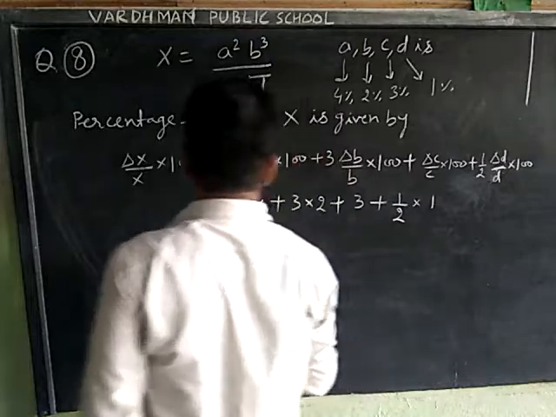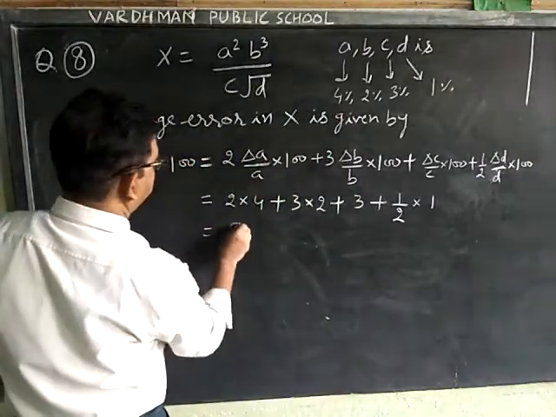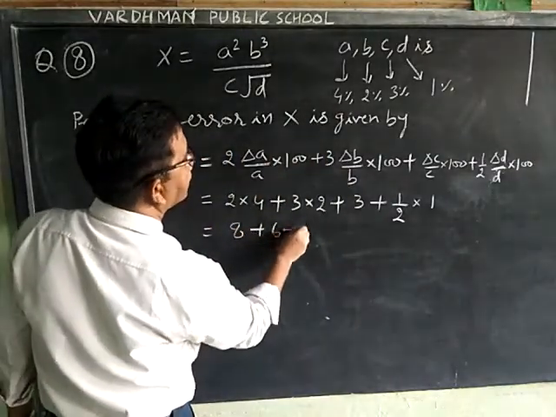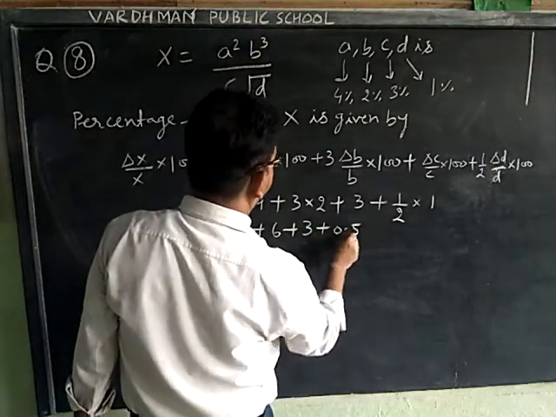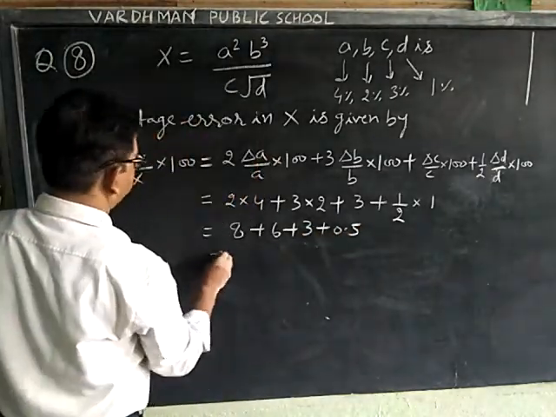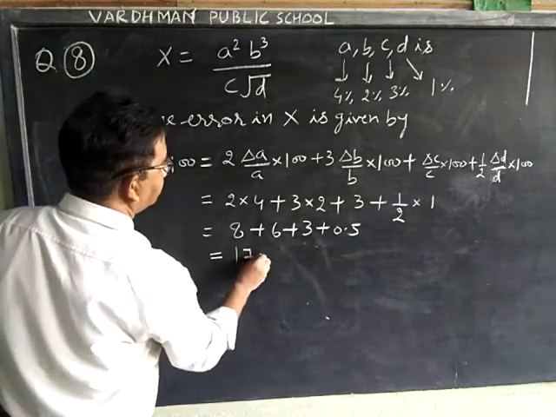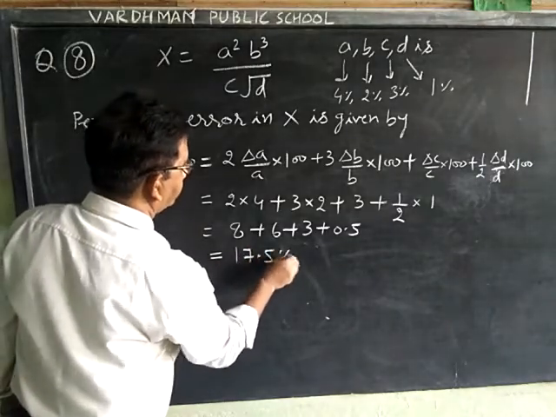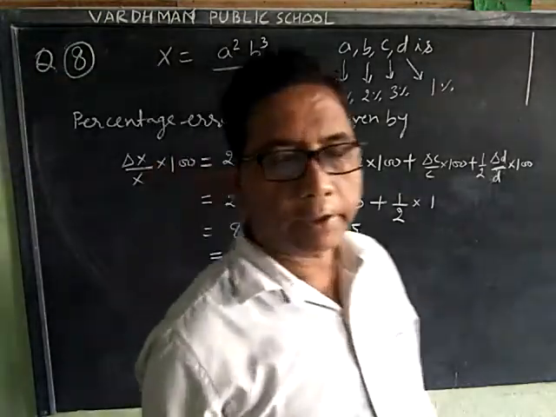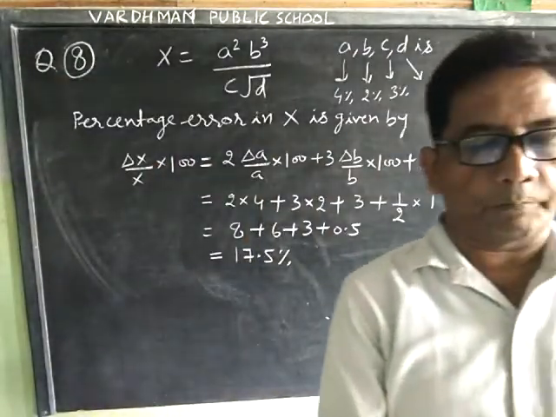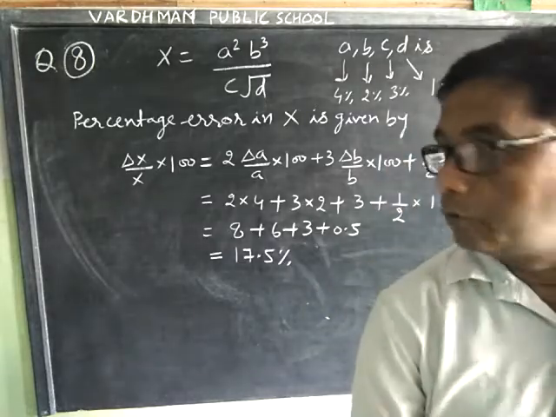This becomes 8 plus 6 plus 3 plus 0.5, which becomes 17.5%. Percentage error in x is 17.5%.